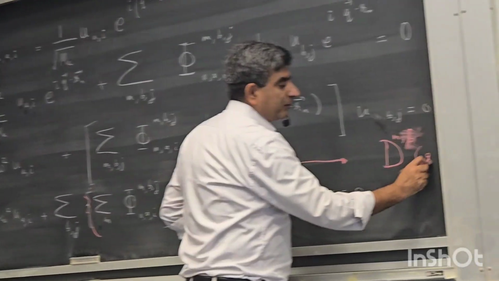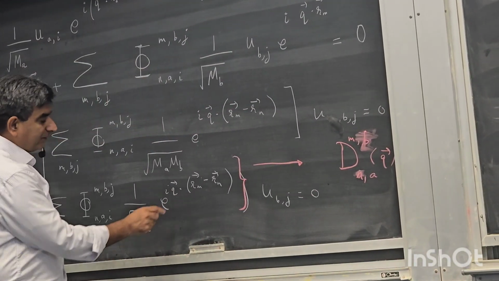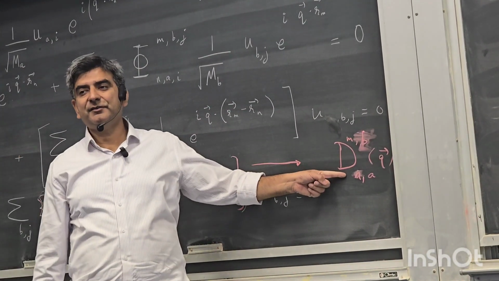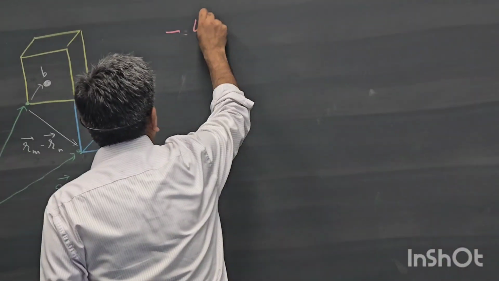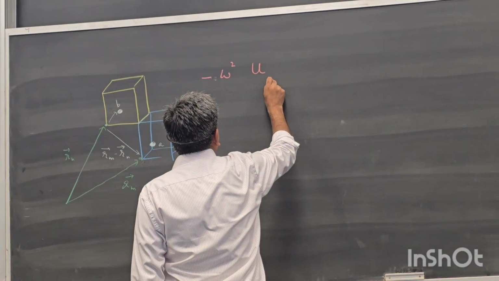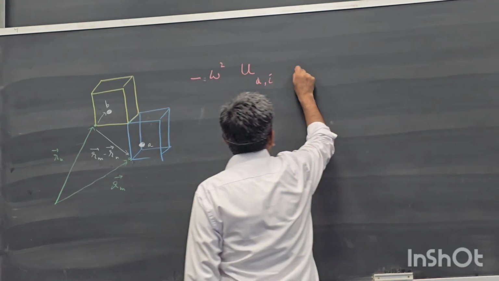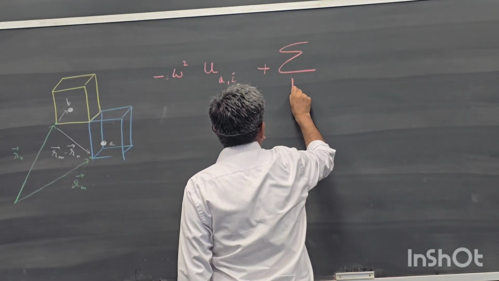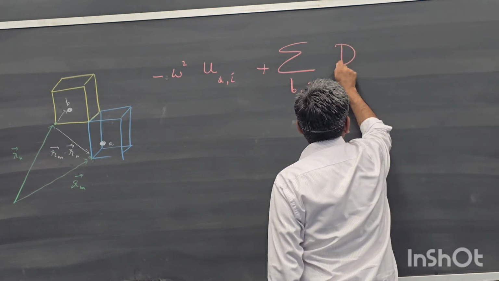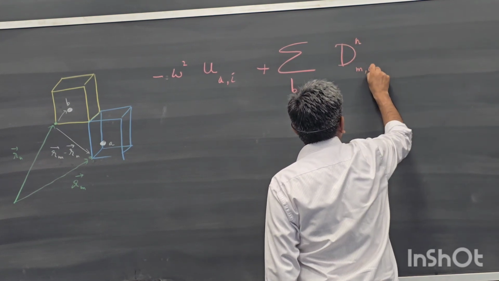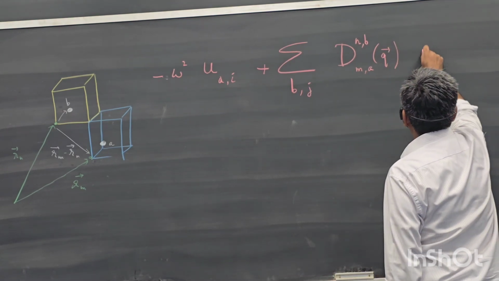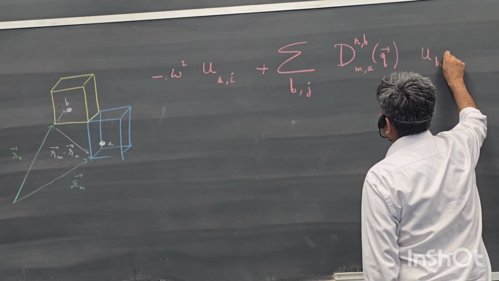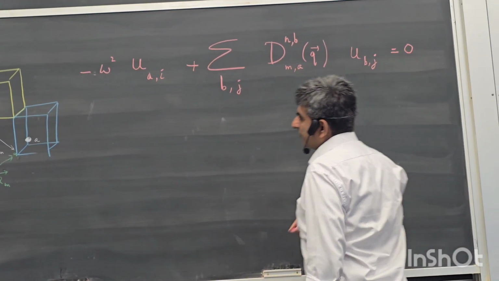It can depend, no doubt, on Q, right? Because there's a Q over here. So it depends upon the wave vector. Hence, my equation of motion can be written as minus omega square U A I plus sum over B, J, D, M, N, M, A, and B, which can depend upon Q, U, B, J. Right. So this is my equation of motion.